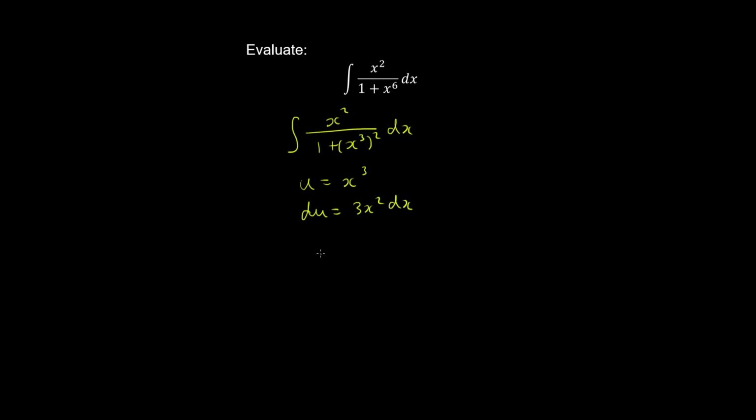And now we can write this integral as 1/3 du over 1 plus u squared. And that's equal to 1/3, and you may recognize this as arctan u. And u is equal to x cubed plus the constant of integration.